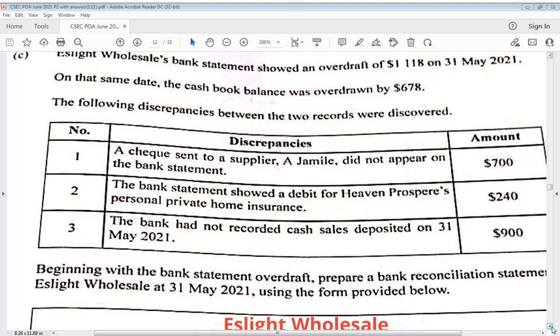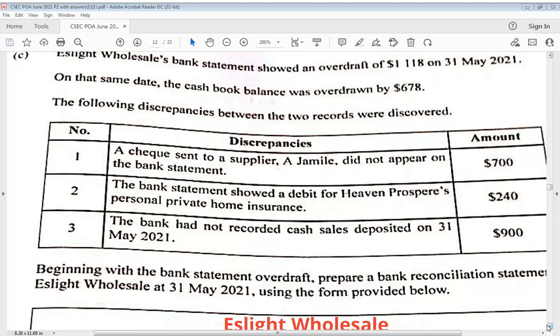So the bank had not recorded cash sales, so this is going to be a late lodgement. Right, so I'd said late lodgement somewhere here. That obviously was an error. I was thinking of this part of the question before. So this is where the late lodgement goes.